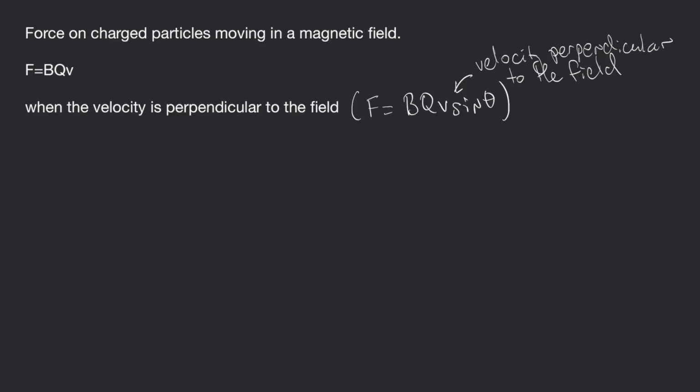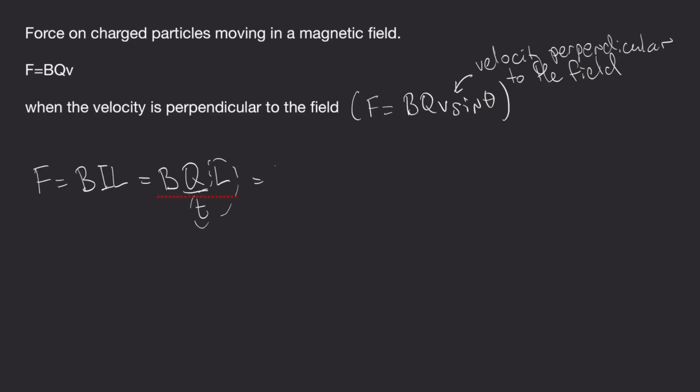Where does this equation actually come from? If this was to appear, for instance, in a show question to show that this equation is true, well, it typically comes from F is equal to BIL. Now remember that the current I is equal to the amount of charge over the amount of time, multiplied by L. And if we have a look, this quantity L over t is actually the speed.